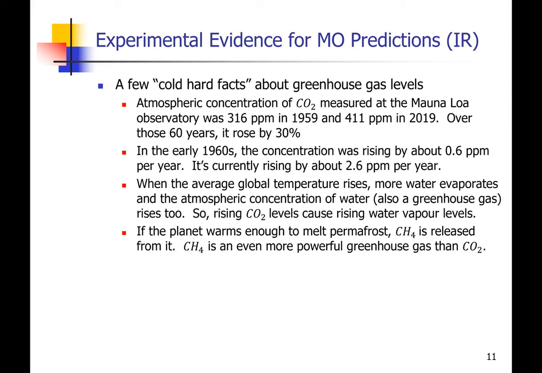And if we actually start melting permafrost because rising levels of other greenhouse gases have raised the temperature enough to do that, then we've got to start worrying about methane emissions as well. And so infrared spectroscopy, really useful experimental technique. Infrared radiation has consequences vastly beyond the scope of this course.